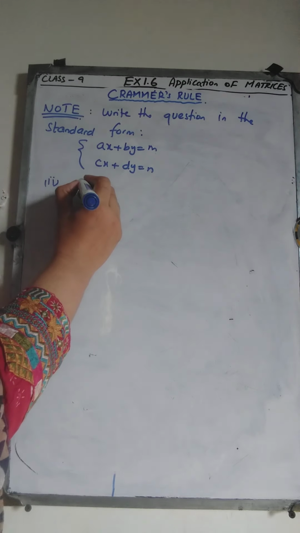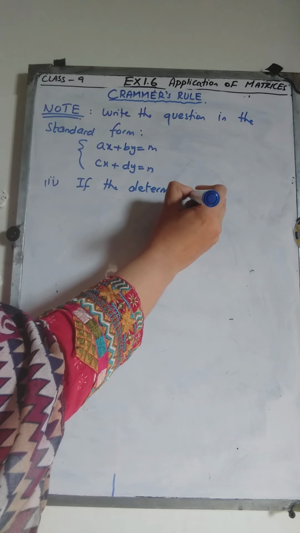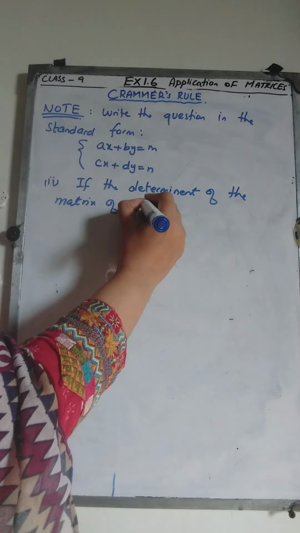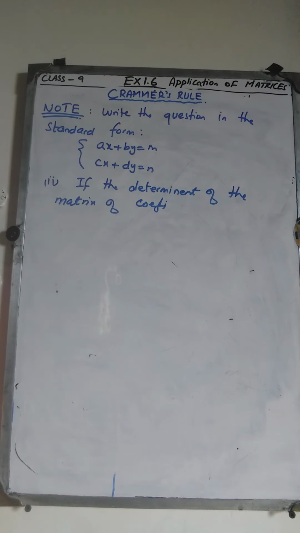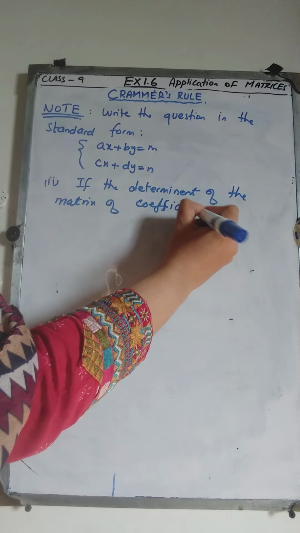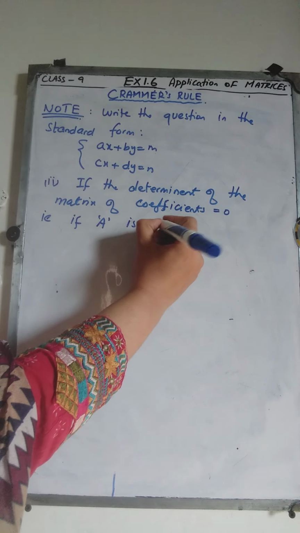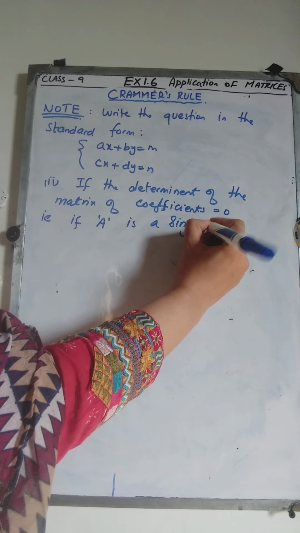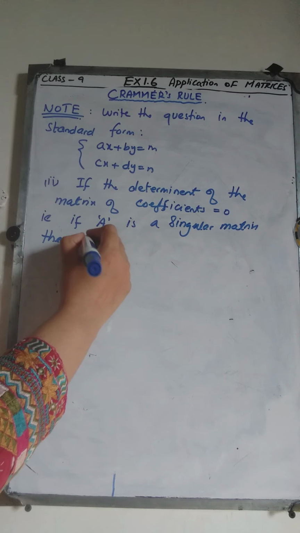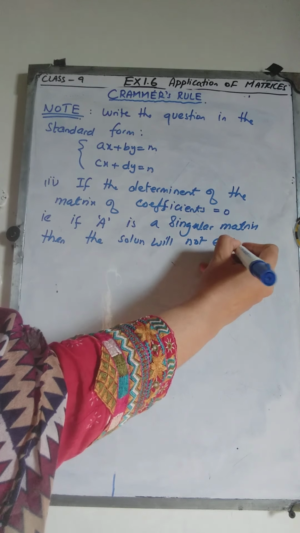The second is, if the determinant of the matrix of coefficients is equal to 0, that is, if A is a singular matrix, then the solution will not exist.